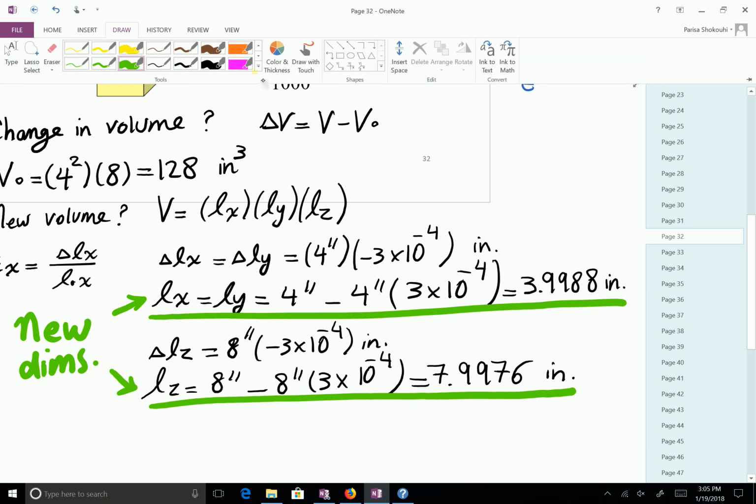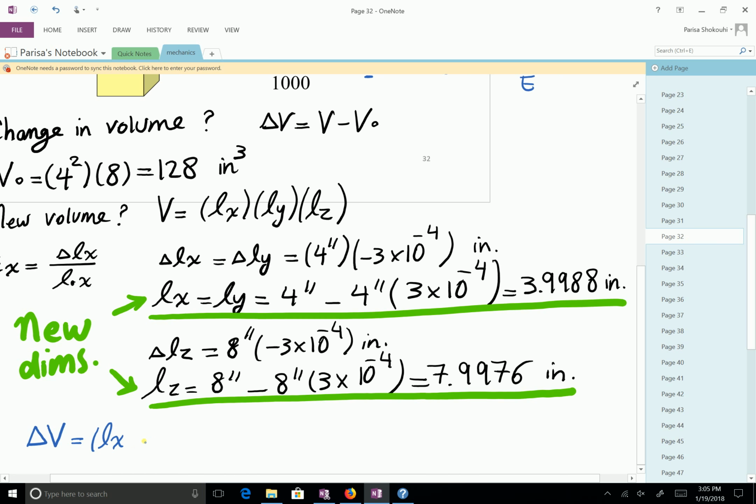Now the change in volume will be again the new volume minus the original one. So for the new volume, the two sides are not 4 anymore, they are slightly smaller. The other side is also slightly smaller. And then we had 128.